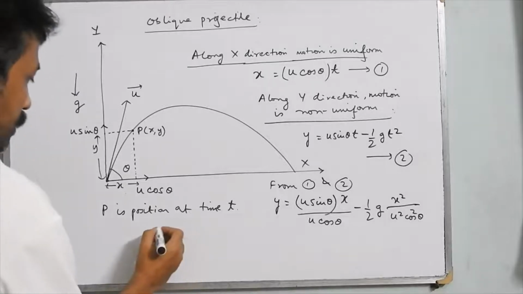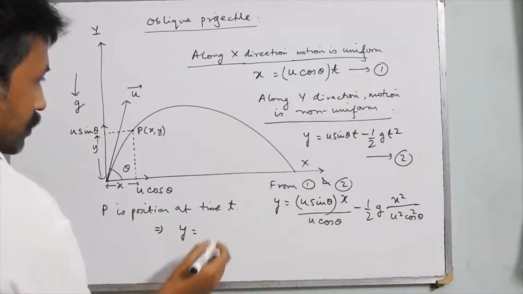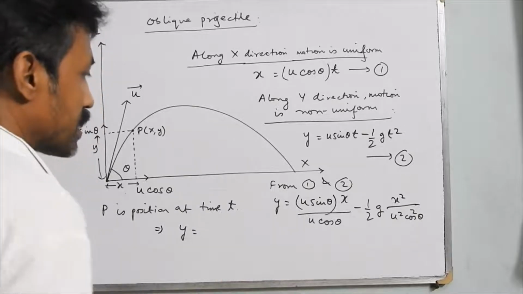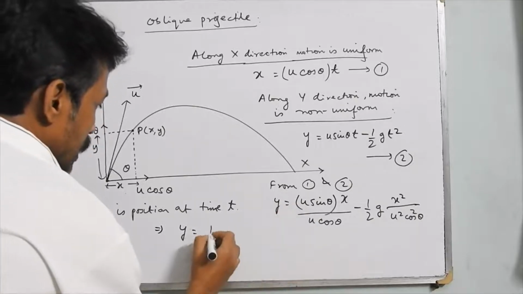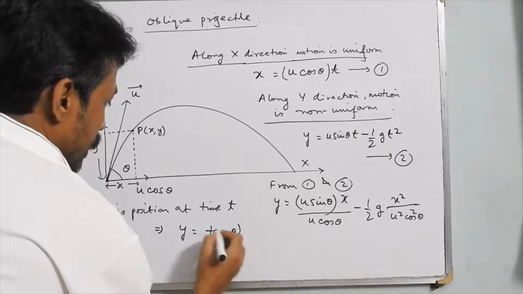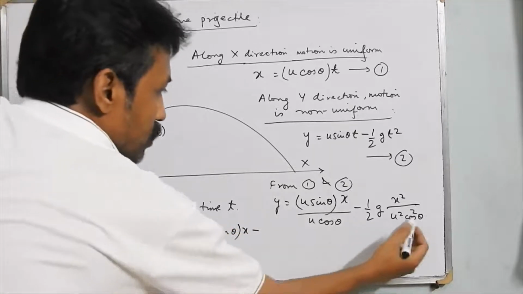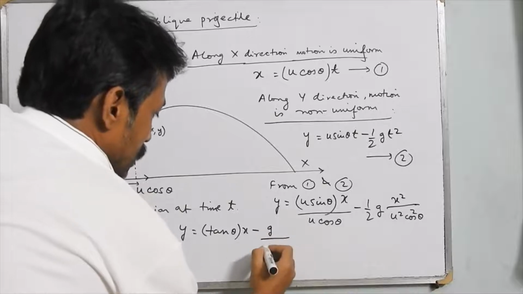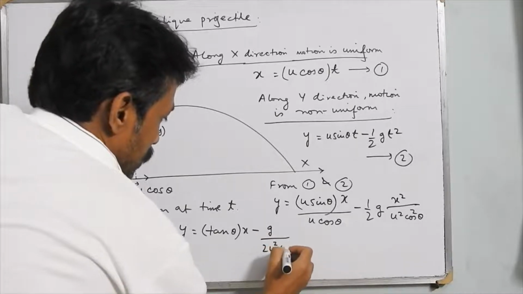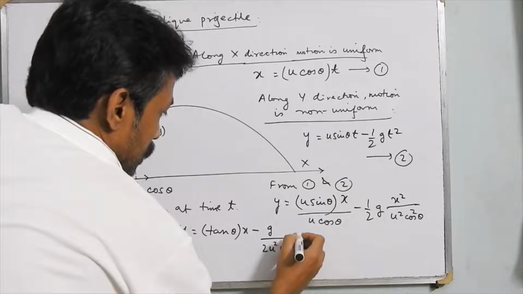So then y will become, sin theta by cos theta is tan theta, u will cancel out, it will become tan theta times x minus g by 2 u square cos square theta into x square.